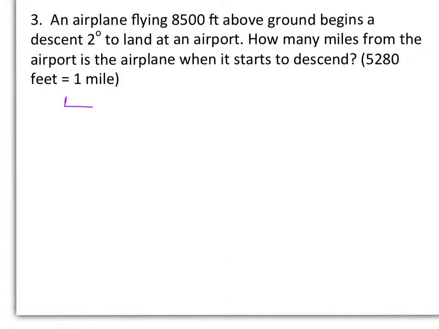So we have an airplane with some wings. And down below on the ground is the airport. So maybe there's a building down there, maybe some people waiting. Okay, so it's going to descend down. And let's go ahead and finish our right triangle.